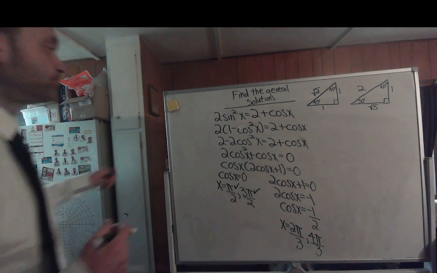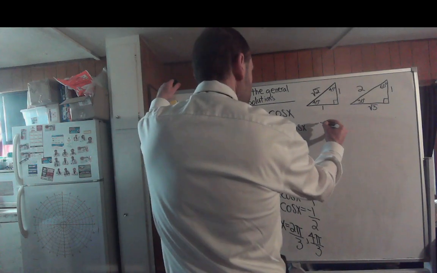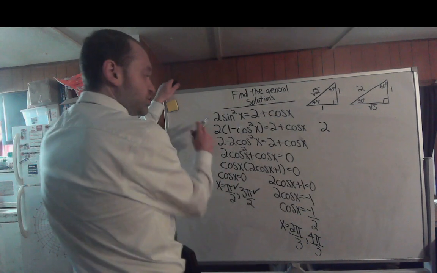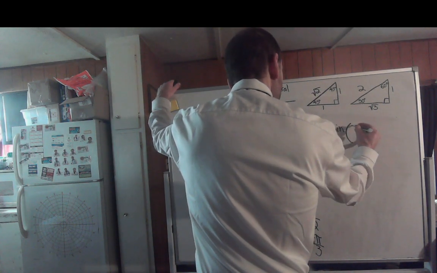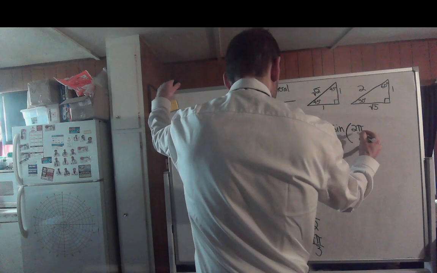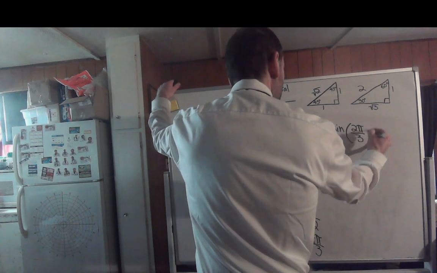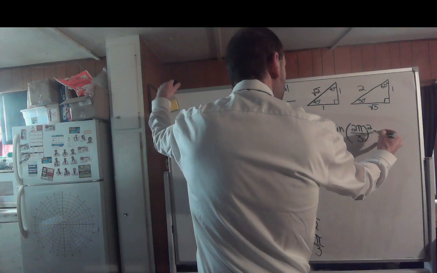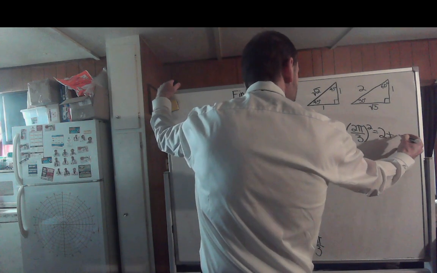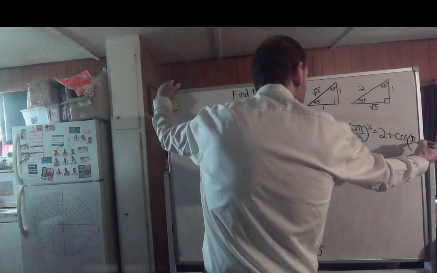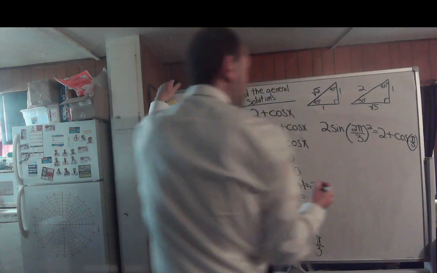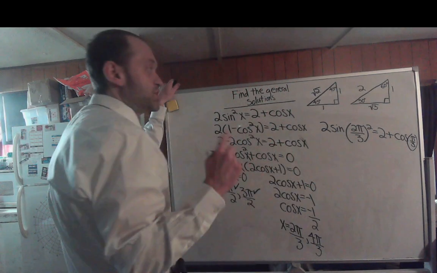So let's see if these work in the original equation. So 2 times the sine of 2 pi over 3 squared, would that equal 2 plus the cosine of pi over 3? Well, okay, what is the sine of 2 pi over 3?